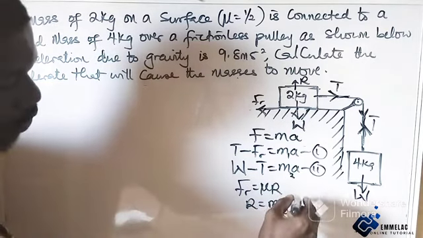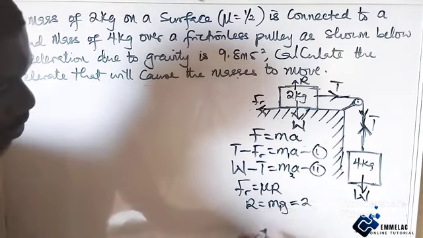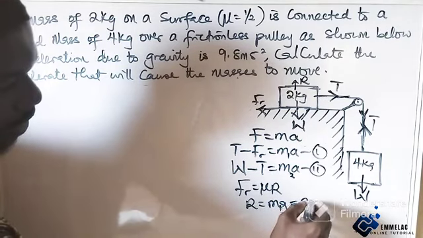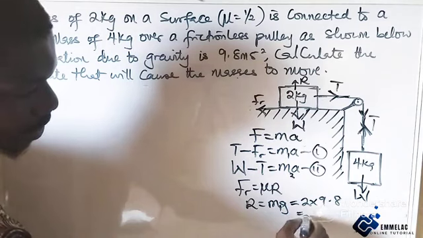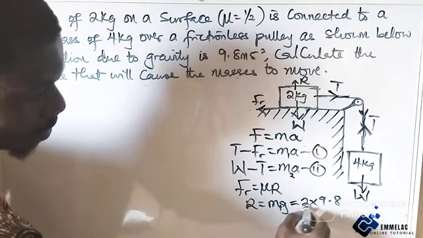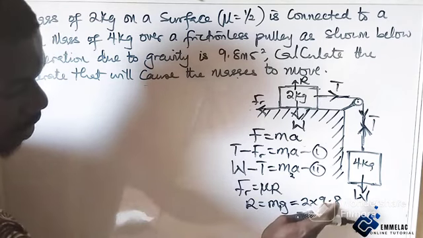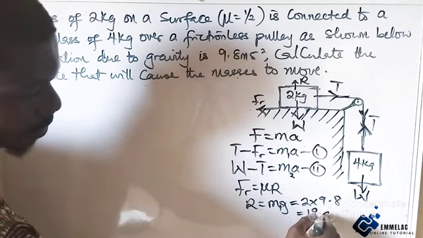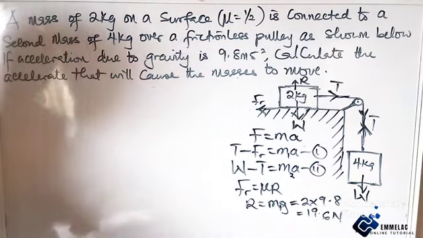The mass here is 2, let us say M1, which is this, times 9.8. This will give us 2 times 9.8, which is 19.6 Newton.